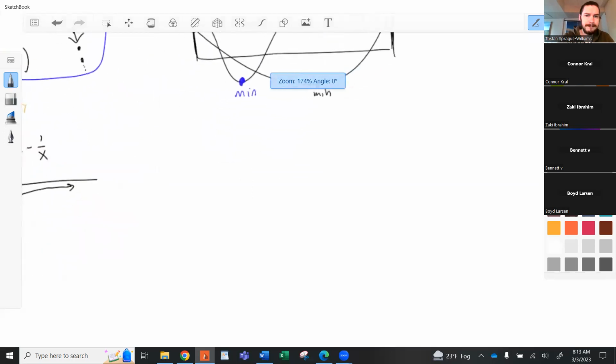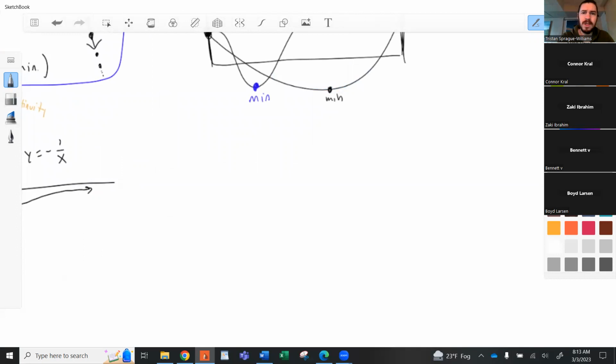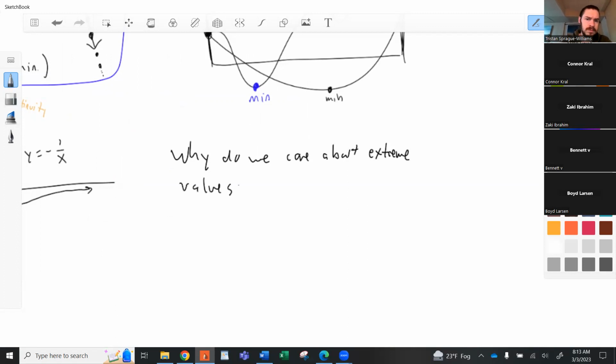Right. So why do we want to know about extreme values? The answer is something called optimization. Optimization is a handy-dandy, useful thing.